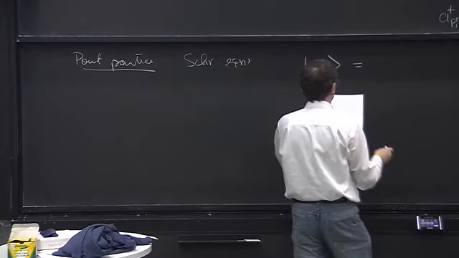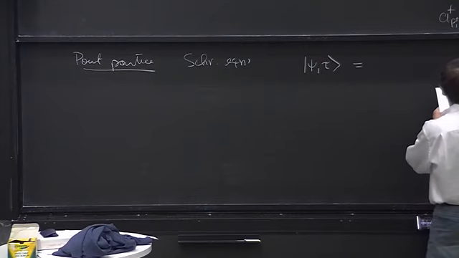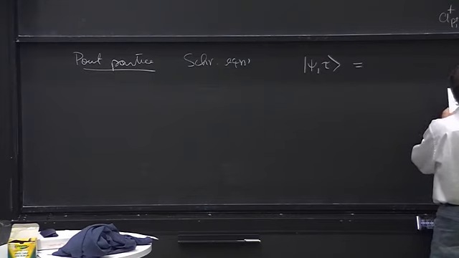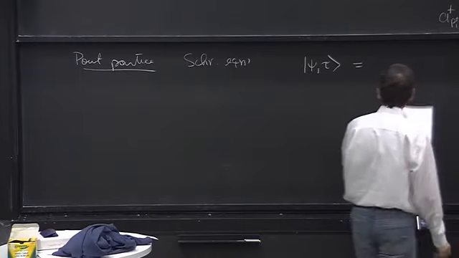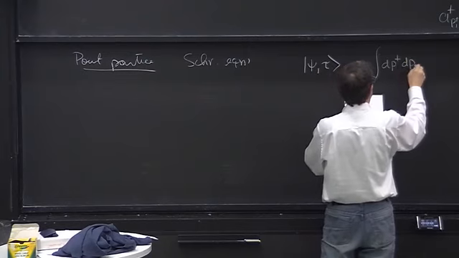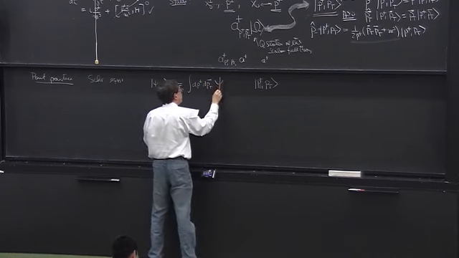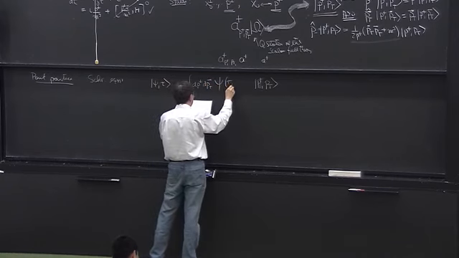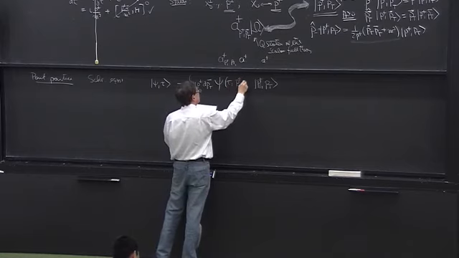How do you define general states? By superpositions of this state. So you put integral dp plus, integral dp transverse, and a wave function that depends on tau, p plus, and p transverse.